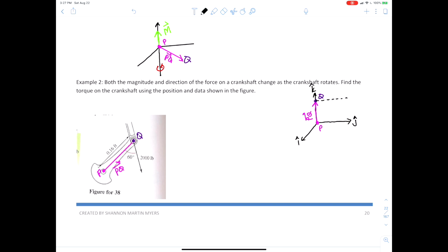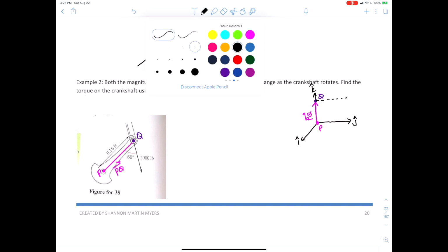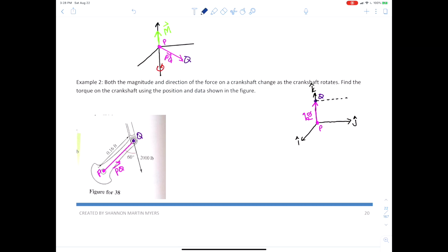So this other segment here is going to be making a 60-degree angle to that K axis. And then this one here, of course, will be 30 degrees. So this is our force vector.